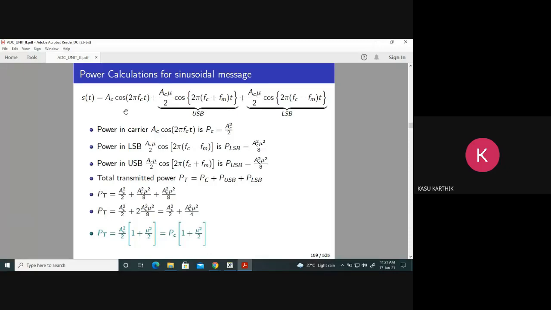You can improve your power efficiency. Why? Because if you don't transmit this term, obviously you're saving power. You're just transmitting this term. Obviously, you can save the power without loss of information. We are not compromising from the information point of view.